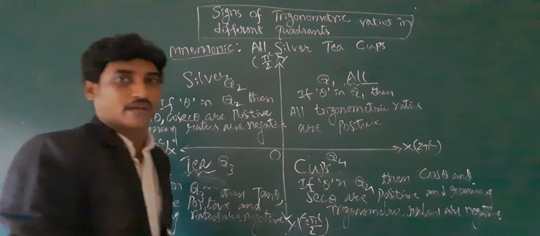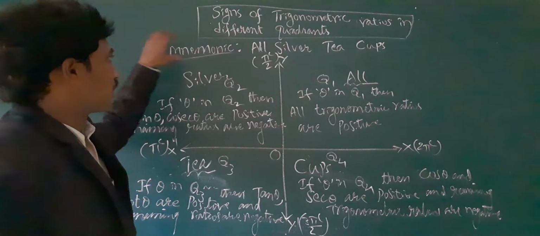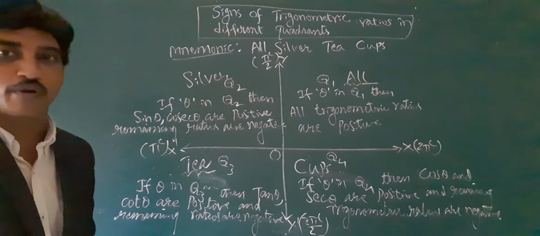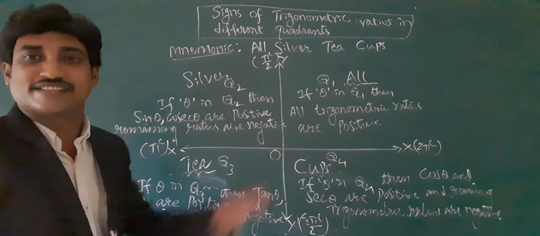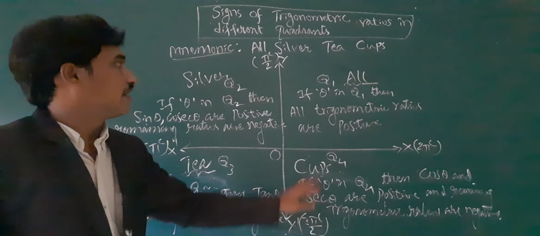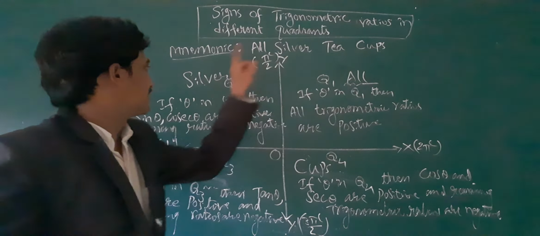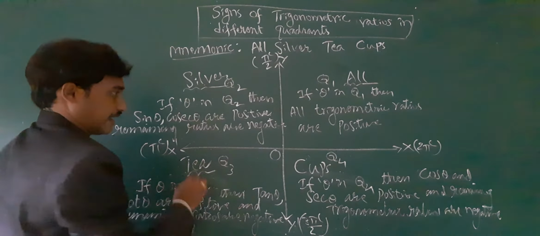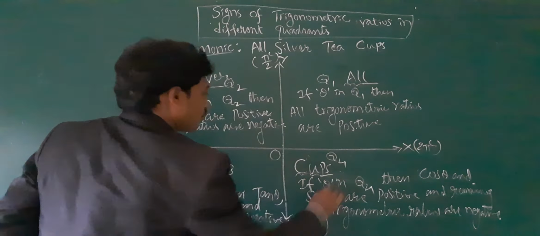Here we use the mnemonic all silver teacups to remember and recall signs of trigonometric ratios in different quadrants. I wrote all silver teacups in 4 quadrants.